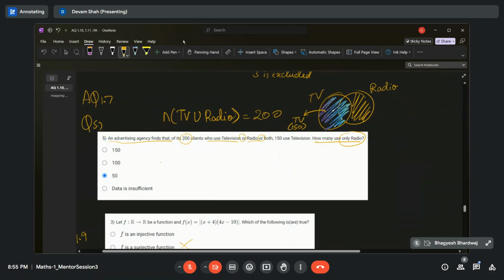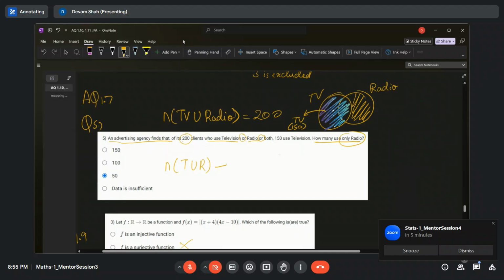What is it? It is N of TV union radio minus N of TV equals N of radio minus TV intersection radio. This thing is notation for this yellow region.